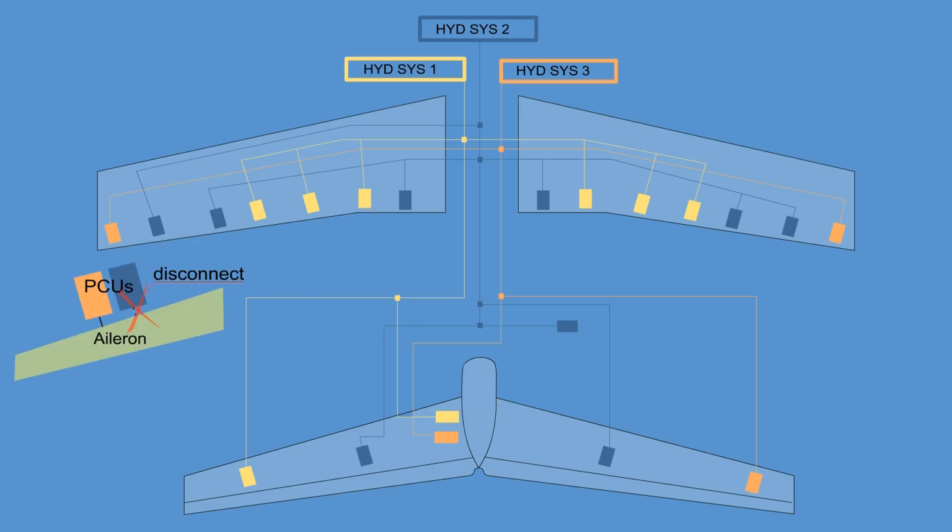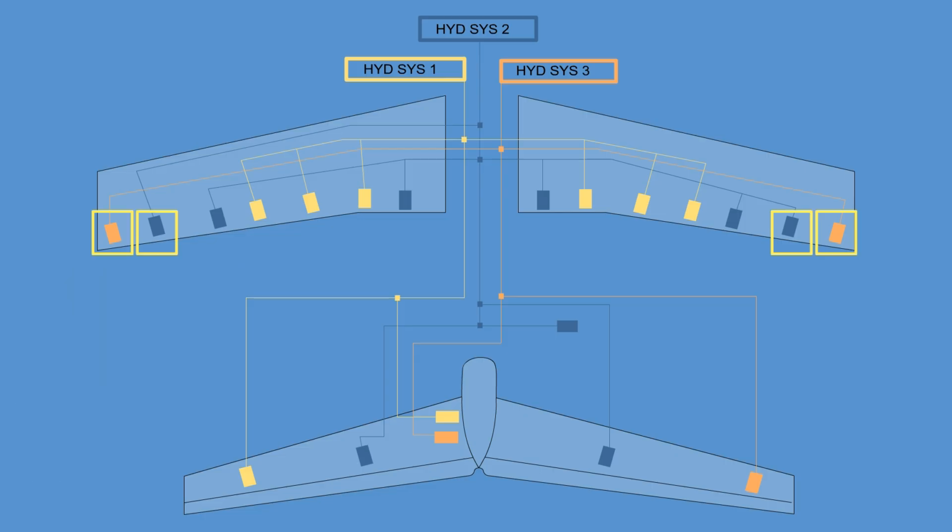In the event of a disconnect of one aileron PCU from the surface or wing structure, the other PCU attached to the surface will operate normally. The aileron surface will operate normally, but the force authority of the aileron surface will be halved.